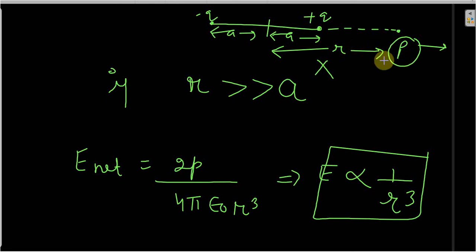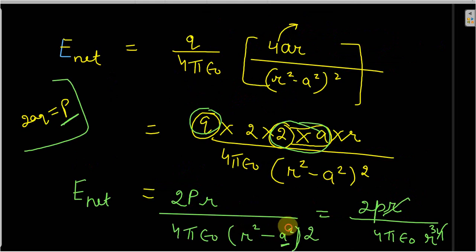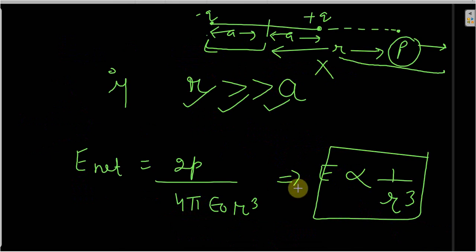If you are moving P away from the dipole, this distance r will increase, and if we apply this condition, r is very much greater than this small distance a, in that case you can neglect the a, and when you are neglecting a, put it 0. So what you will get? Only r will be left, and after this you will get this. This is the net electric field on the axial line.